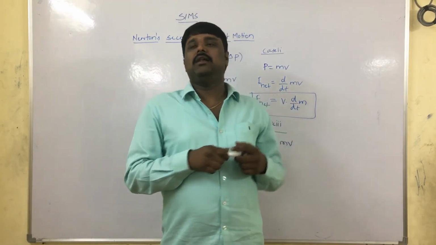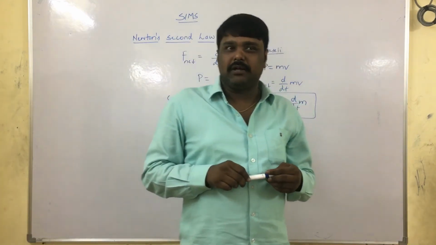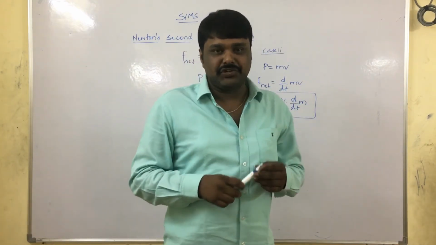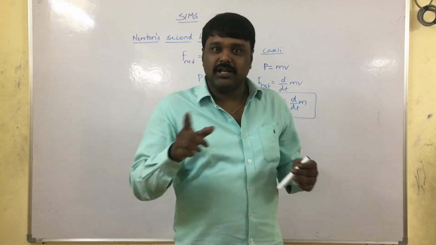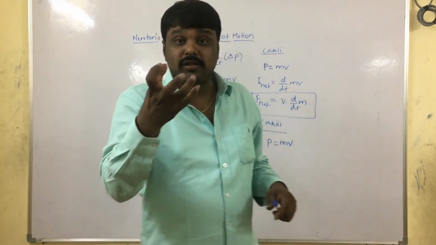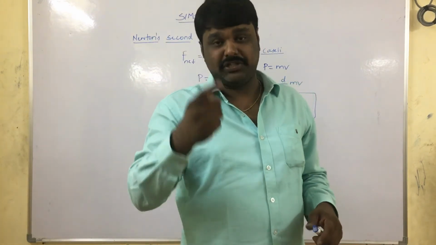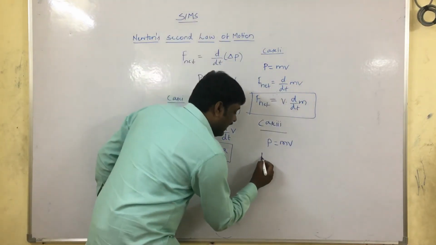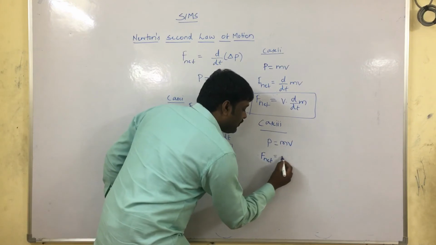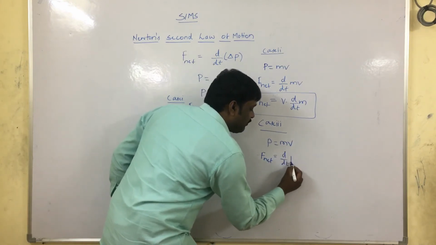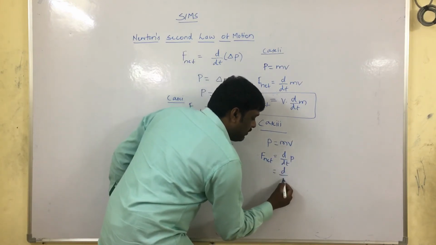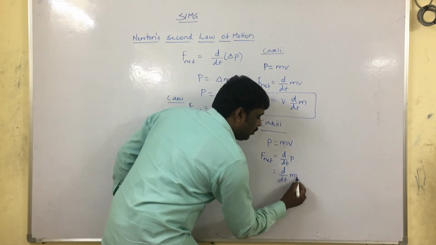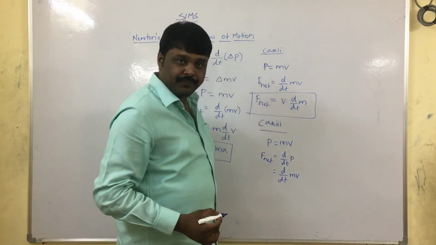For example, the rocket which we burn during the Diwali festival changes its velocity, and it loses its mass too. That's the best example we can consider here. F net equals d by dt of P, that is d by dt of m into v.